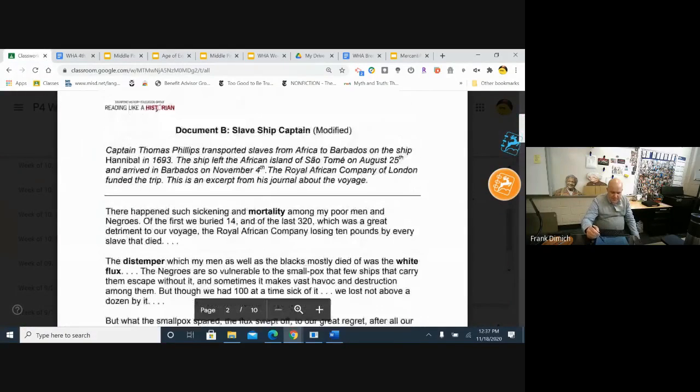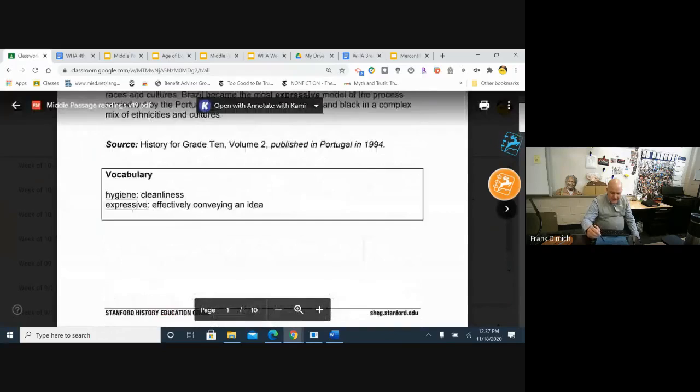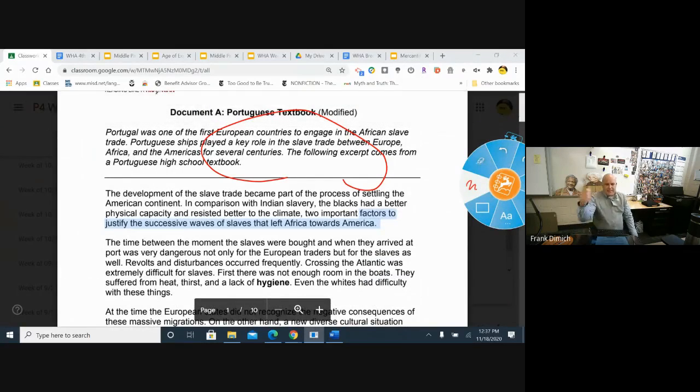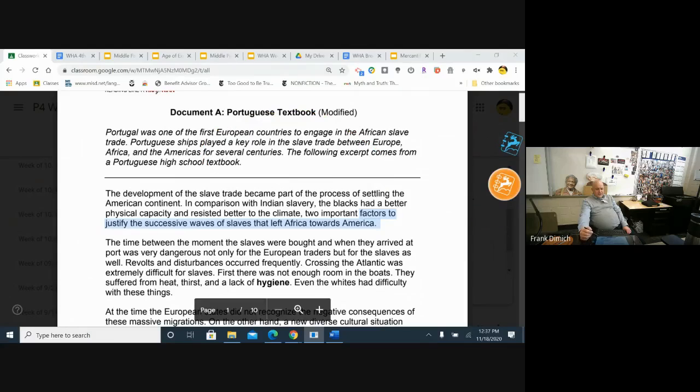We said the reliability might be tainted by the fact that the Portuguese were among the first traders, and they're sympathetic to the Europeans. They use a line in there: they really didn't know the impact that the slave trade was going to have on the Africans. So they're sympathetic.